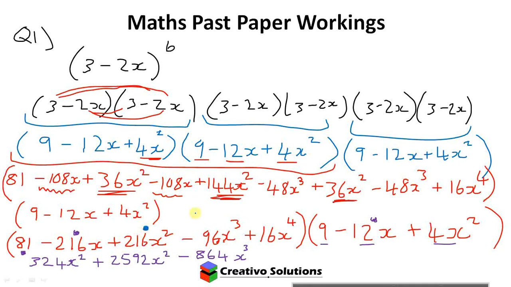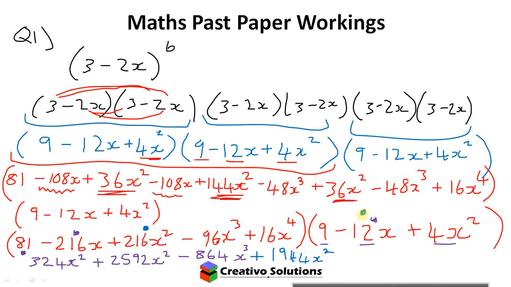Okay, 216x squared times 9. That will give me an x squared. 216 times 9 gives me plus 1944 x squared. Okay, this one times this will give me an x to the 3.